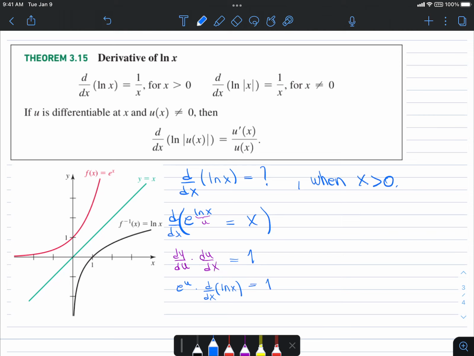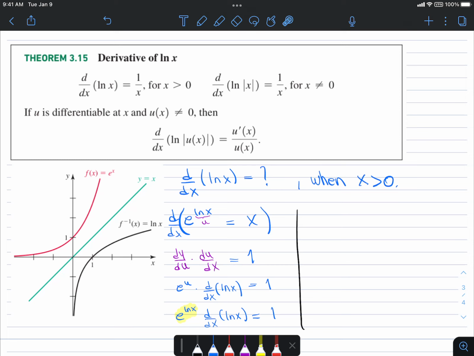So what's e to the u again? u is ln x, so that's e to the ln of x, times the derivative of ln x. I'll treat the derivative as the unknown, and divide on the other side. But also note that e to the ln x is just x.